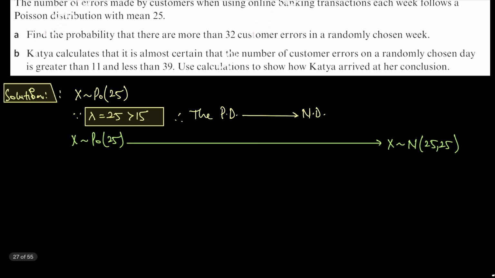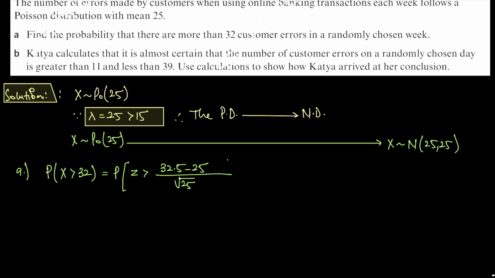Okay, so now in part A, we need to find the probability of X greater than 32, and this can be calculated by using the probability of Z greater than (32.5 minus 25) over root 25. Let's close the bracket and solve it further.